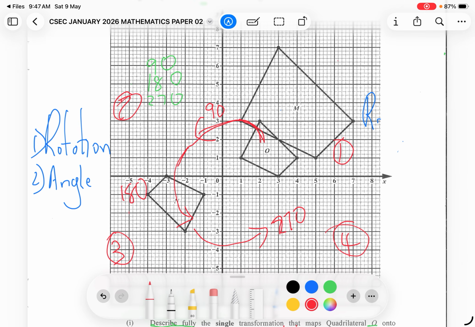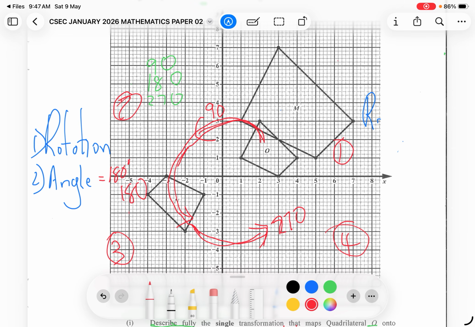Moving from here all the way around here would have been 270 if I went anti-clockwise. So all I need to do is to look at what quadrant I started in and what quadrant I am now at. Based on that, I can determine what angle it is. If I move from only one quadrant, 90. Two quadrants, 180. Three quadrants, 270. Look at my direction. Based on where I am, I can see that I'm at a 180. So my angle is 180 degrees rotation.